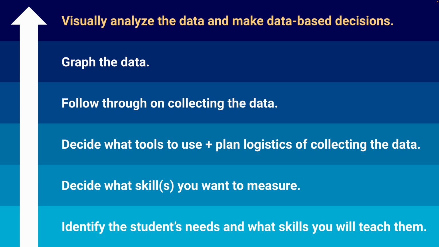And then finally, we get to that place where we were at the beginning, where we actually have meaning. So we visually analyze the data. We don't just look at the raw numbers, but we visually analyze it and use it to make data-based decisions about real students and the real supports and instruction that they're receiving.